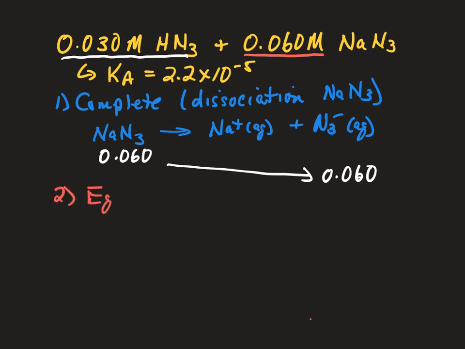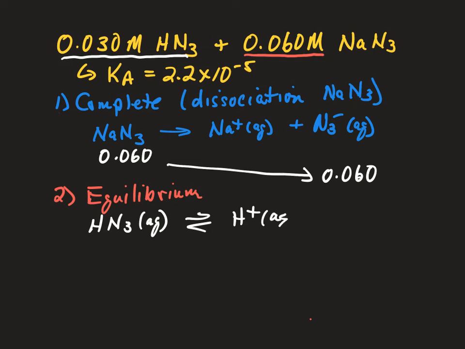And so then we can consider our equilibrium. Our equilibrium is hydrazoic acid in equilibrium with hydrogen ions and azide ions. Then our initial state is the 0.030 given in the problem.